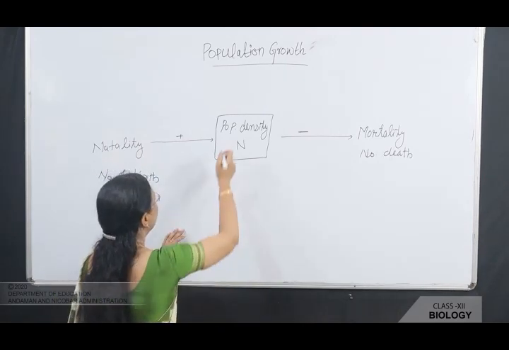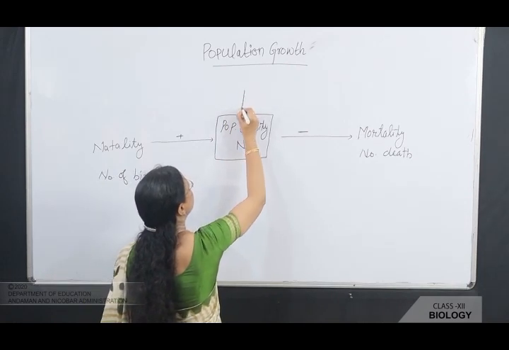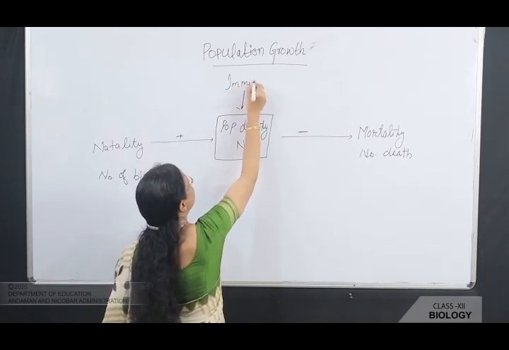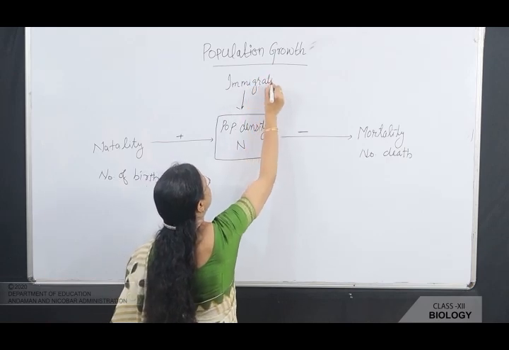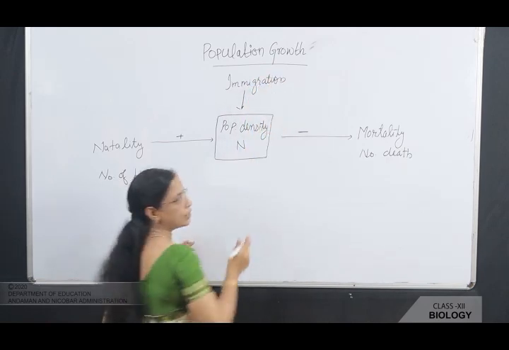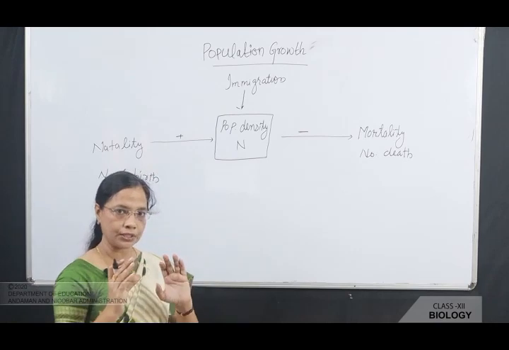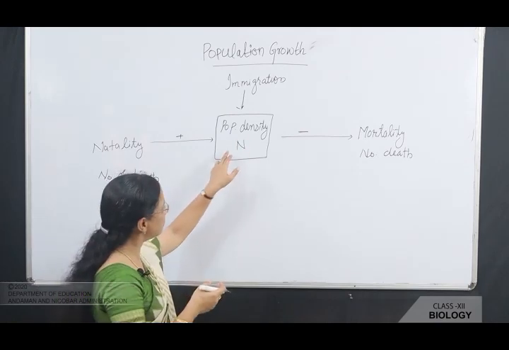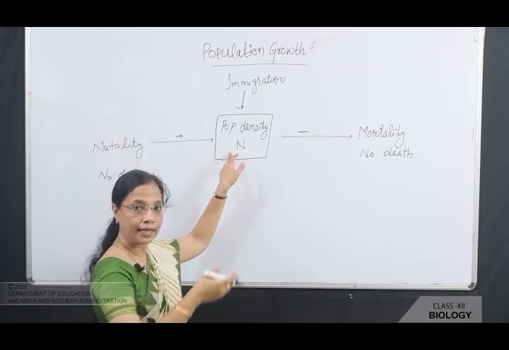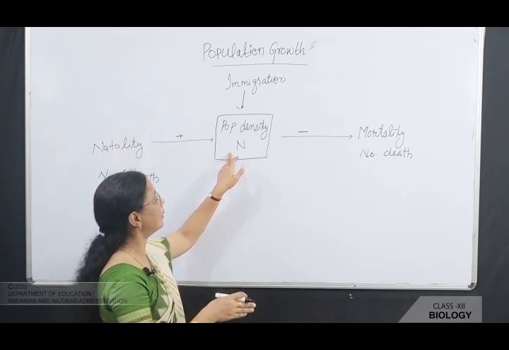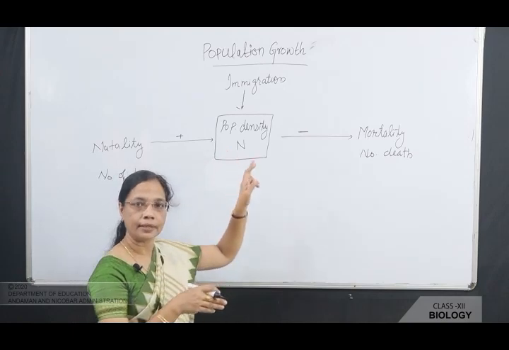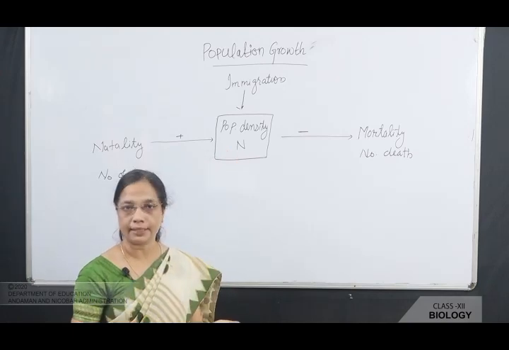Now, next is immigration. What is immigration? That means that particular species comes from an outer place and enters into this particular area. So as they are entering into this area, what happened? The population density increases.